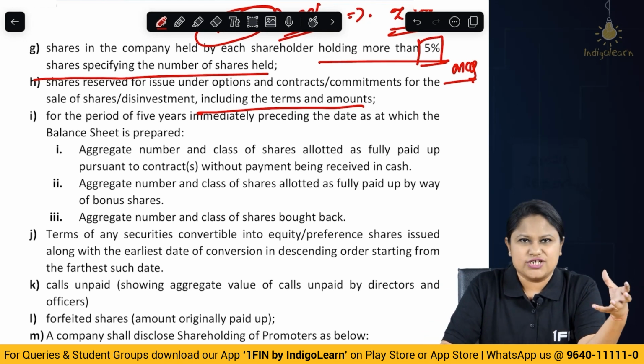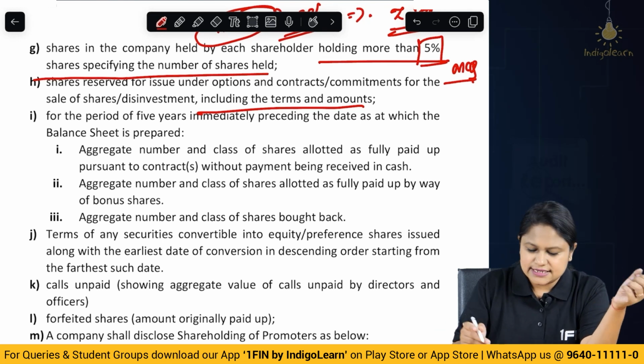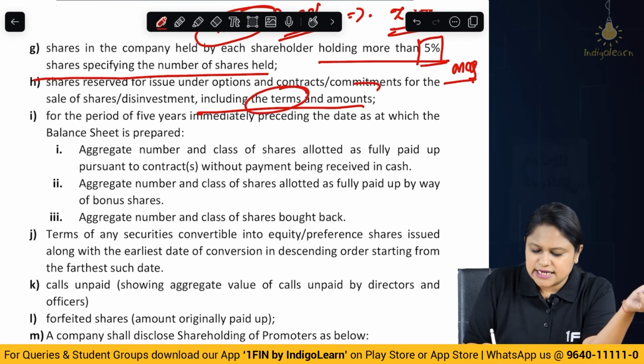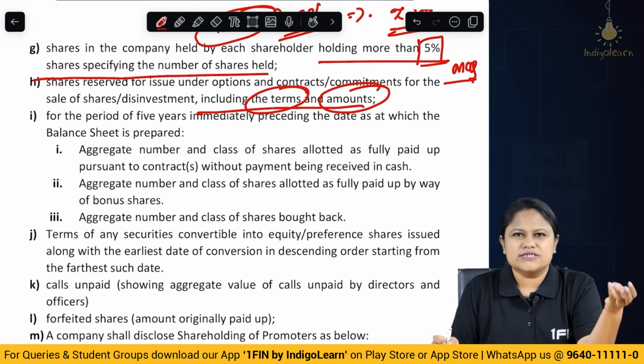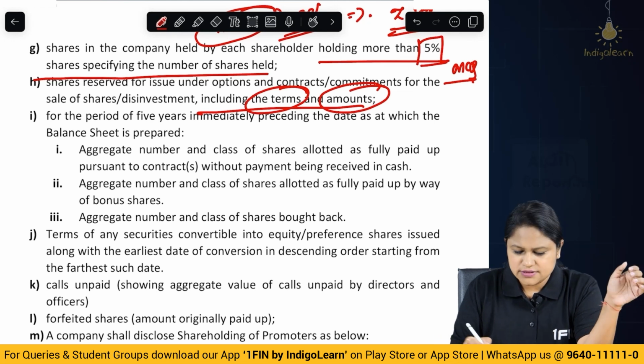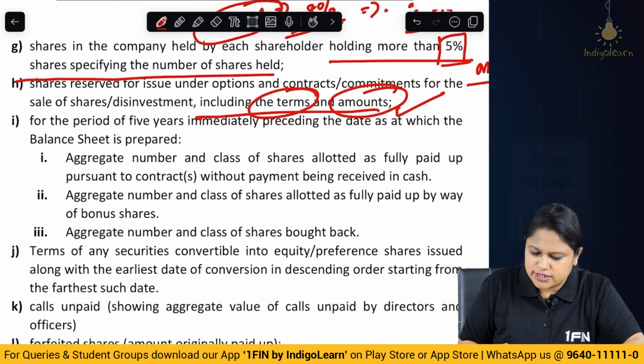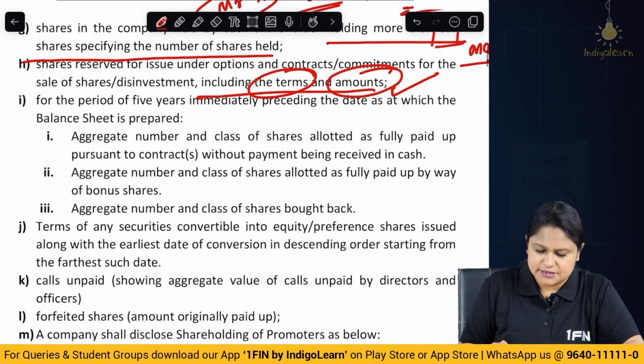So if any shares are reserved like that as share options, you have to give the terms and the amounts. Terms would be the grant date, the vesting period, the exercise date, the exercise price, all of those terms, and also the amount involved. Clear? So that is shares reserved for issue under options, contracts, commitments, etc.